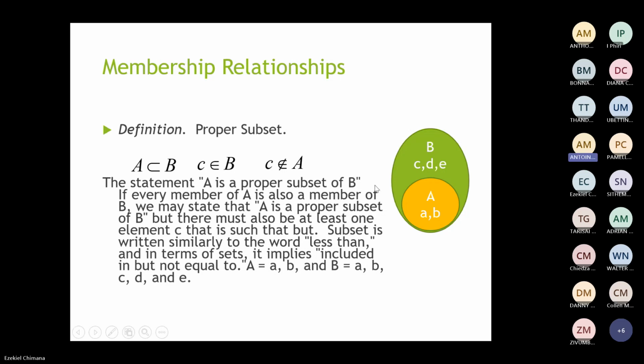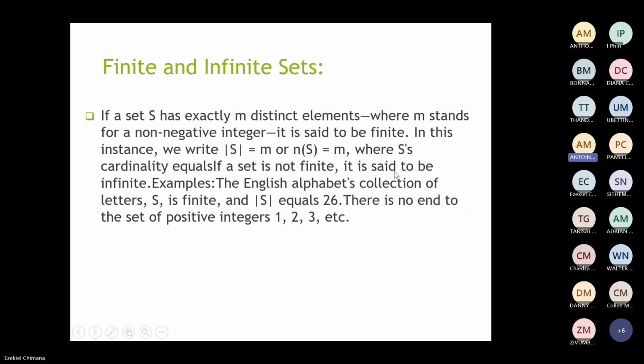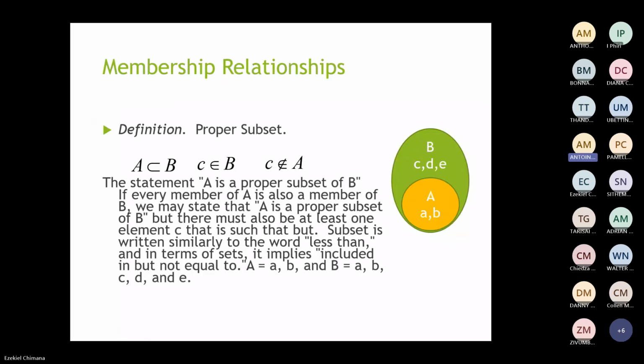Definition for proper subset. The statement A is a proper subset of B, if every member of A is also a member of B, we may state that A is a proper subset of B, but there must also be an element C. Proper subset is written similarly to the word less than, and in terms of sets, it implies included in, but not equal to.